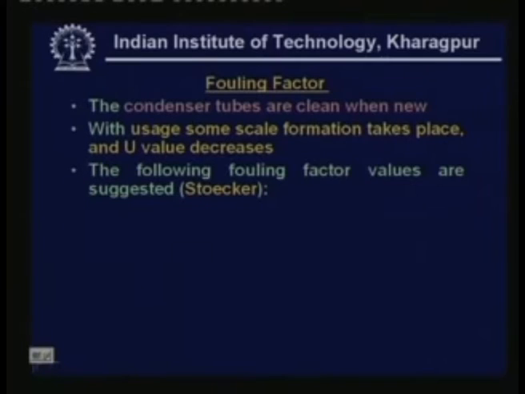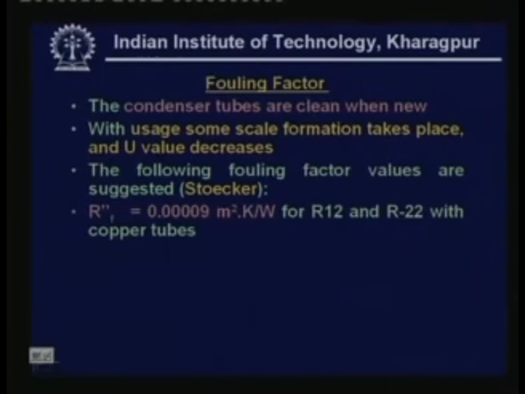So we have to know what is this fouling factor, and what is done generally is at the time of design itself, even though new tubes do not have any scale formation, we take account of the fouling factor and use some fouling factor and estimate the overall heat transfer coefficient. And Stoker has suggested the following values for fouling factors.